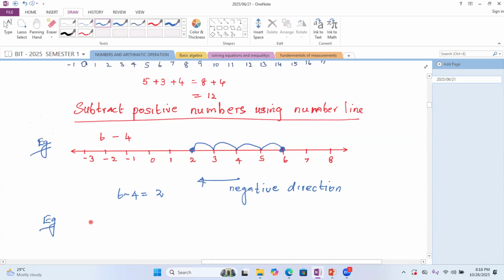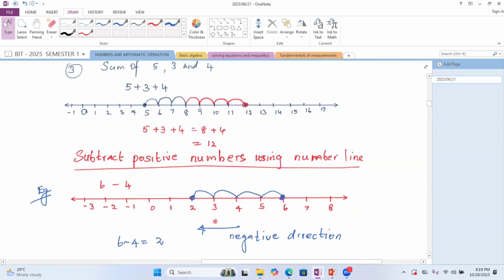Difference of 5 and 7. That means difference of 5 and 7.